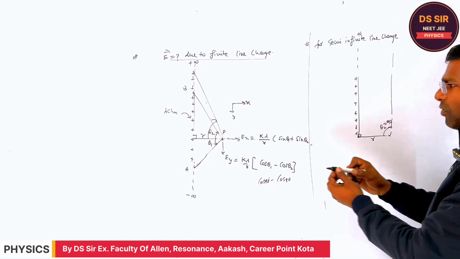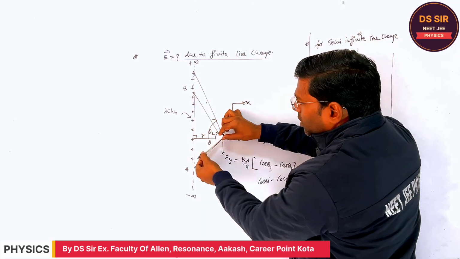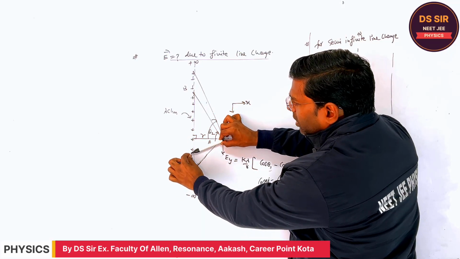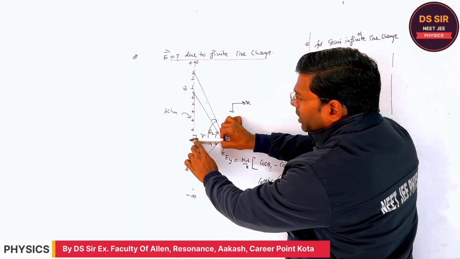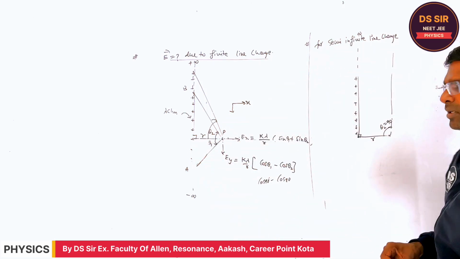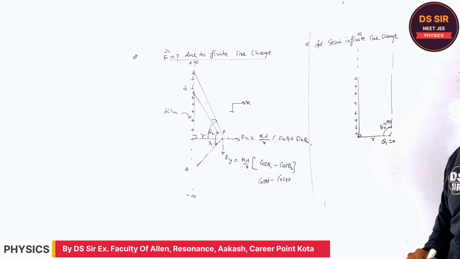Yes. And what about theta 1? The angle is reducing, and if point A shifts to this point, what is the value of theta 1? 0. Theta 1 is 0. Is it clear or not, you tell first?